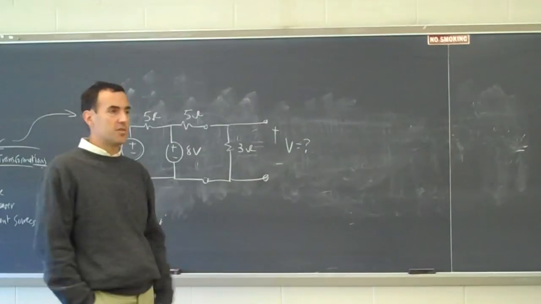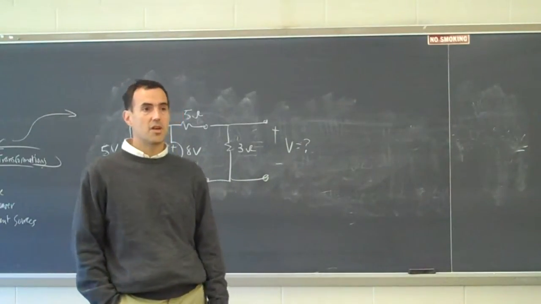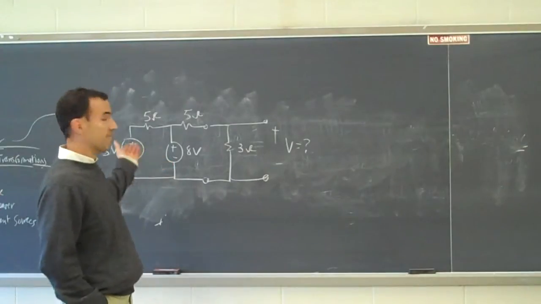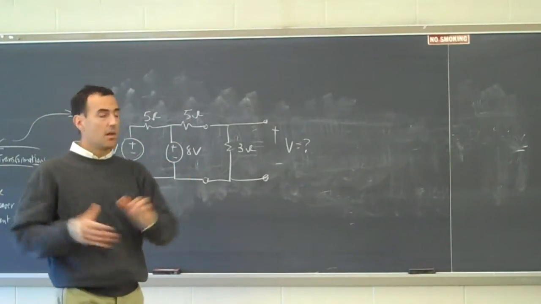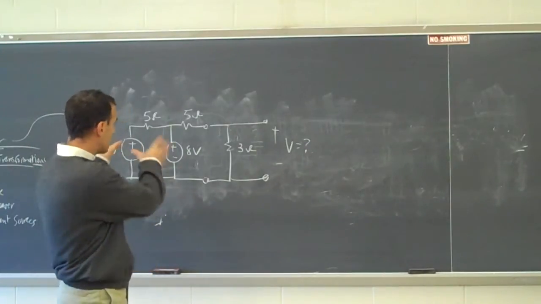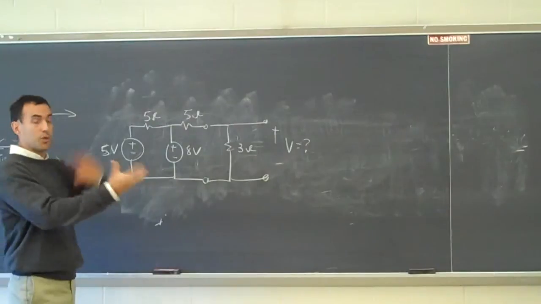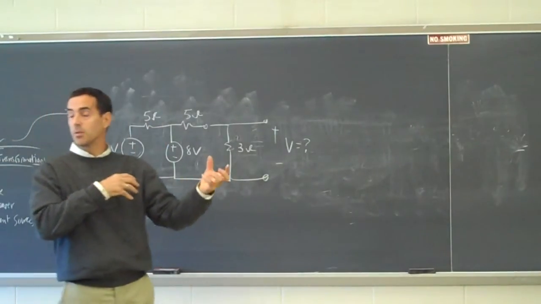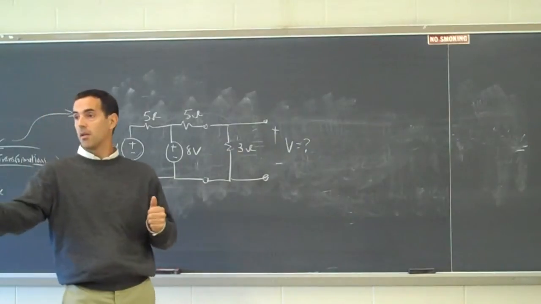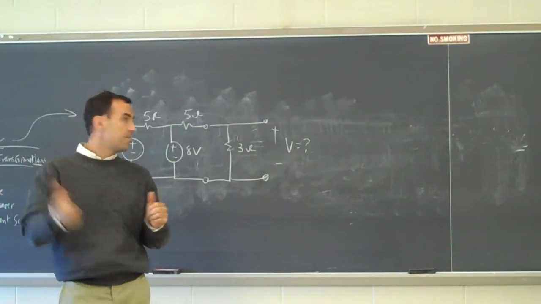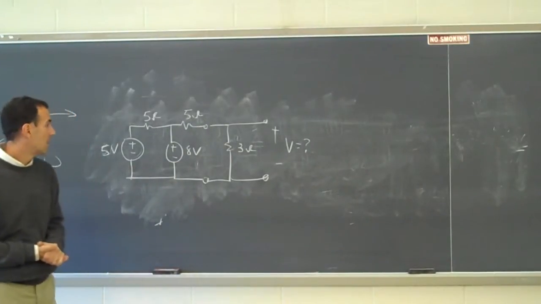It's going to take me a couple steps, and since you're comfortable with loop or nodal analysis, you could do it in a faster amount of time than I can show you how to do it this way. Okay? I'll do this problem by what's called source transformations, switching back and forth as needed between Norton equivalents and Thevenin equivalents, and then I'll have you try one right after this. And probably after that, there will be time for Sean.